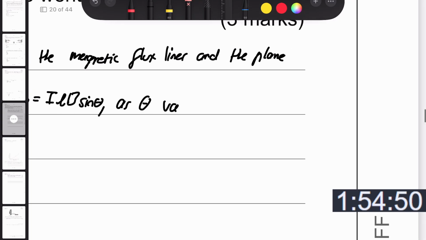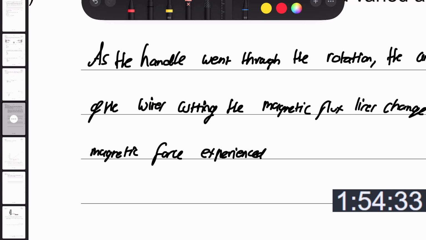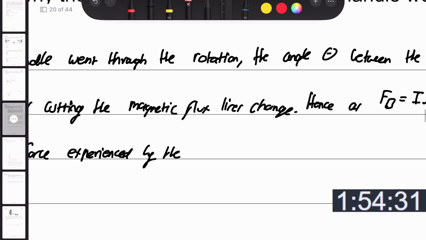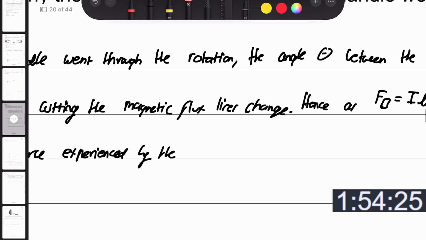As theta varies, so too does the magnetic force experienced by the conductor.